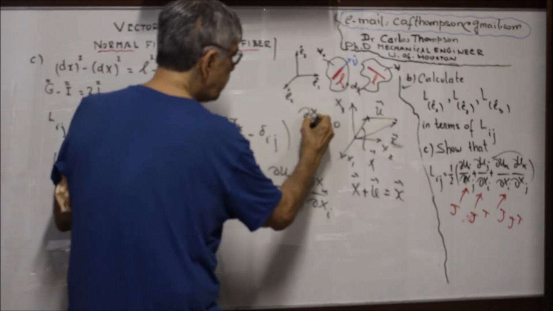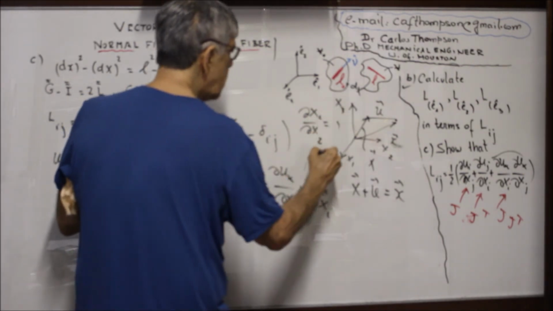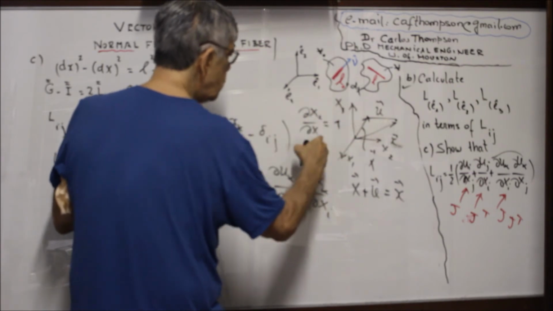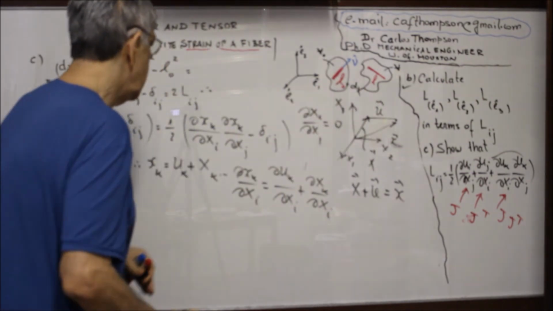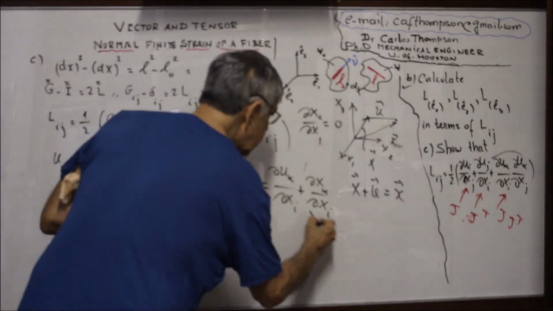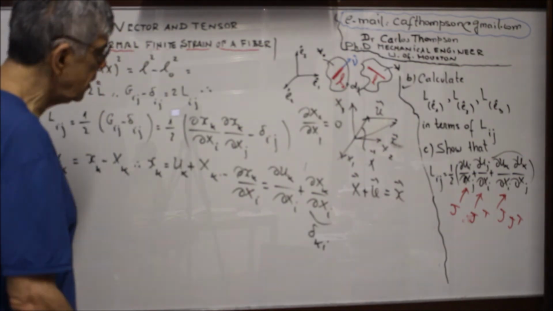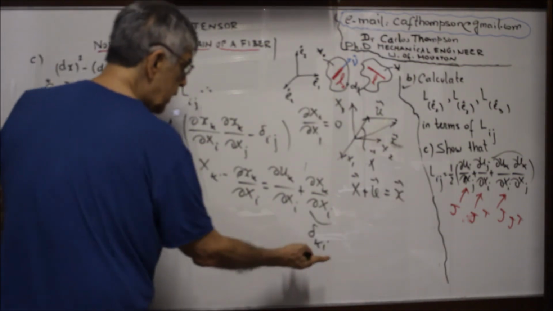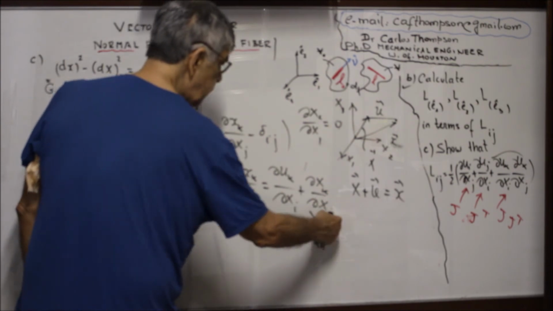Likewise, partial of X2 with respect to X2 will be 1, partial of X2 with respect to X1 will be 0, and so on. So it's clear that this is delta_ki.